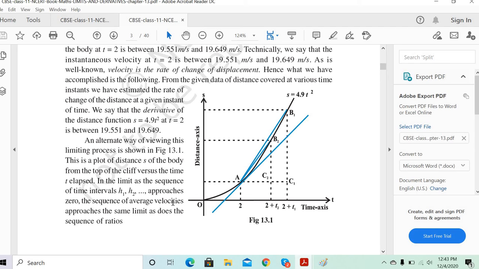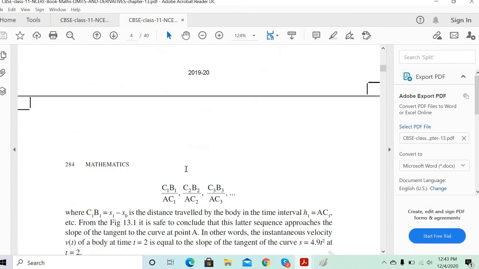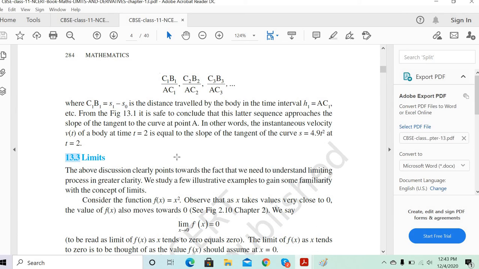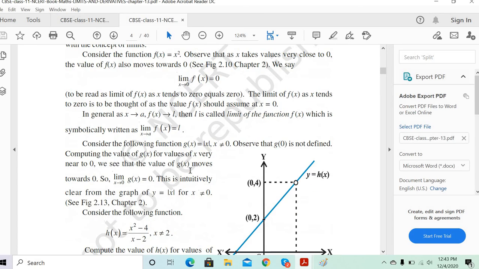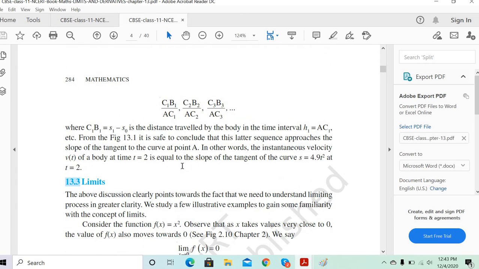Any questions, any doubts? Excellent. Just write down these things, whatever I told you, and then we'll go to the limits part, okay?